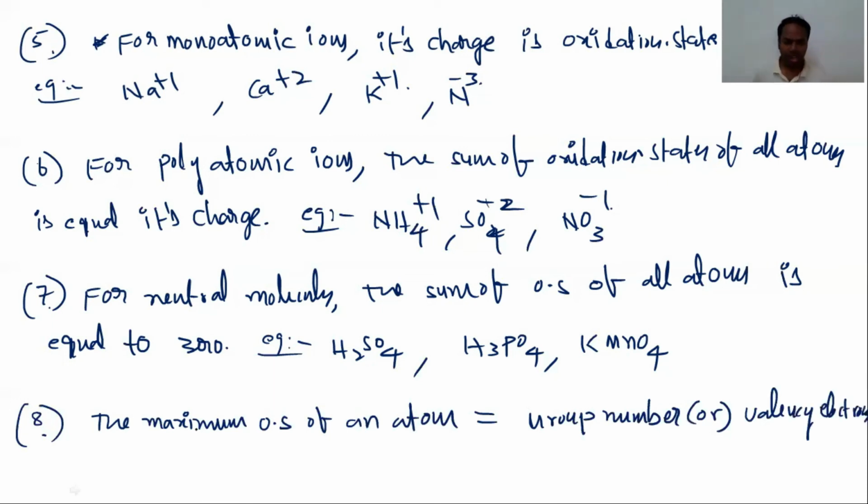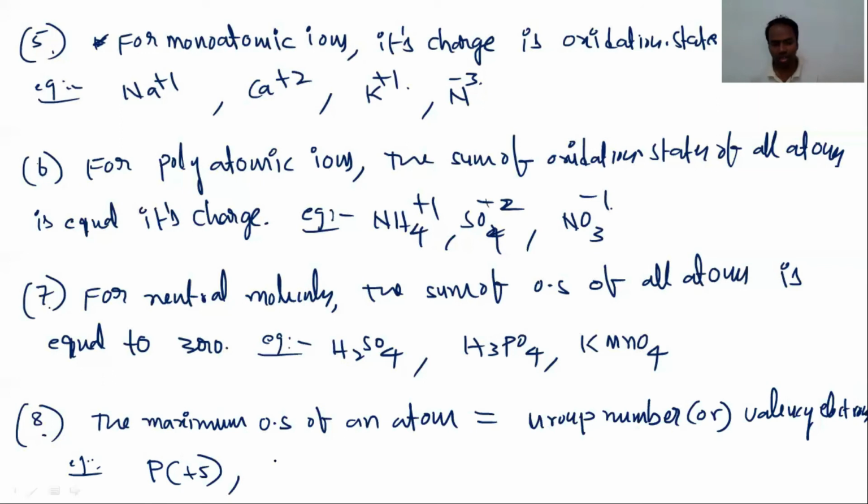So the maximum oxidation state of an atom does not exceed its group number. To get more clarity, take an example, phosphorus. What is the maximum oxidation state possible? Phosphorus belongs to the fifth group. We have to consider the group number in Roman numerals, like 6A, 7A. So phosphorus belongs to group 5A, and 5 means +5.